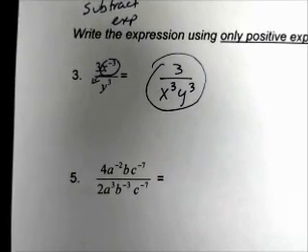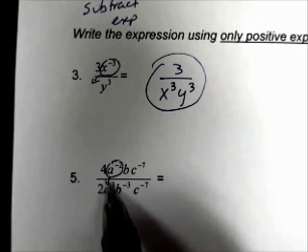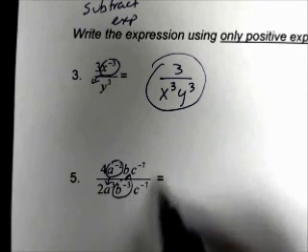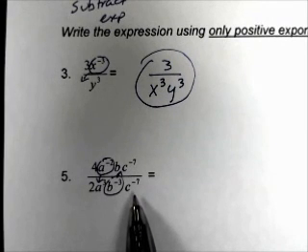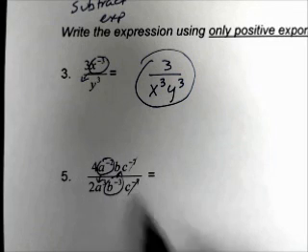Number 5. Let's move these around so that we have positive exponents. All right, but see here, please. c to the negative 7 divided by c to the negative 7. They're just going to divide right out, right?